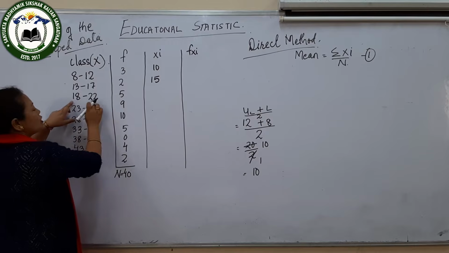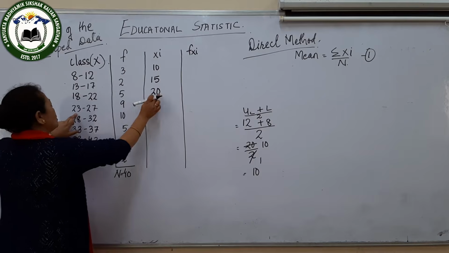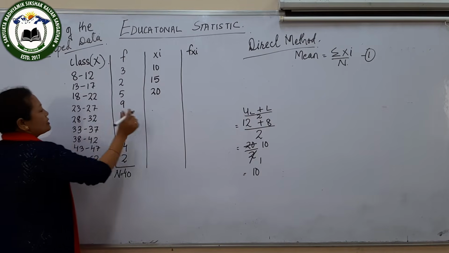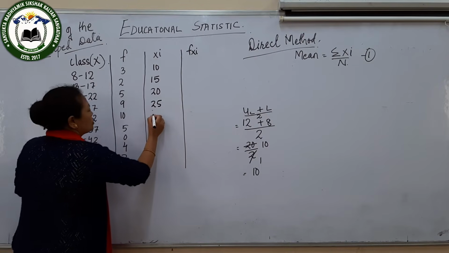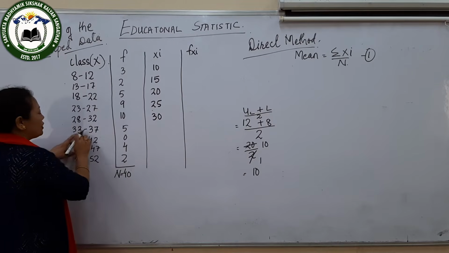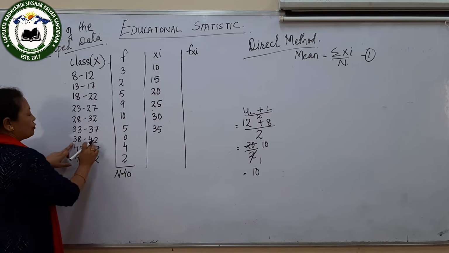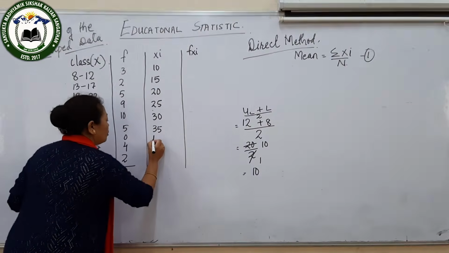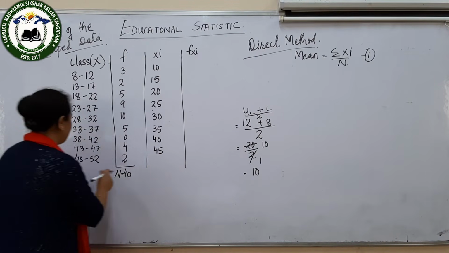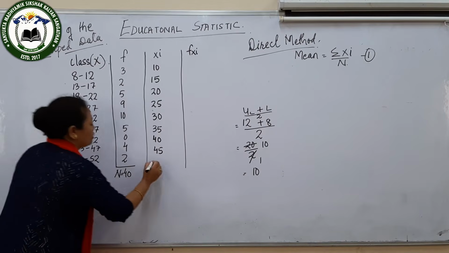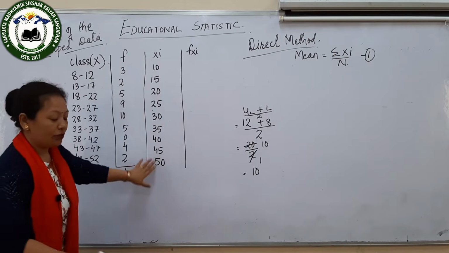Likewise, from 18 to 22, my midpoint is 20. 23 to 27 is 25. Likewise, 28 to 32 is 30. 33 to 37 is 35. 38 to 42, my midpoint is 40. Likewise, 43 to 47 is 45, and 48 to 52, my midpoint is 50. Now all these are your midpoints.